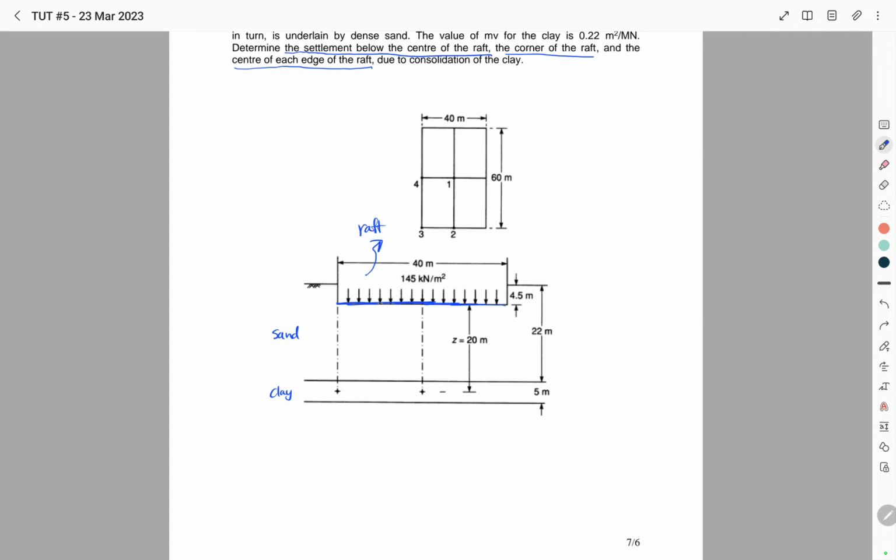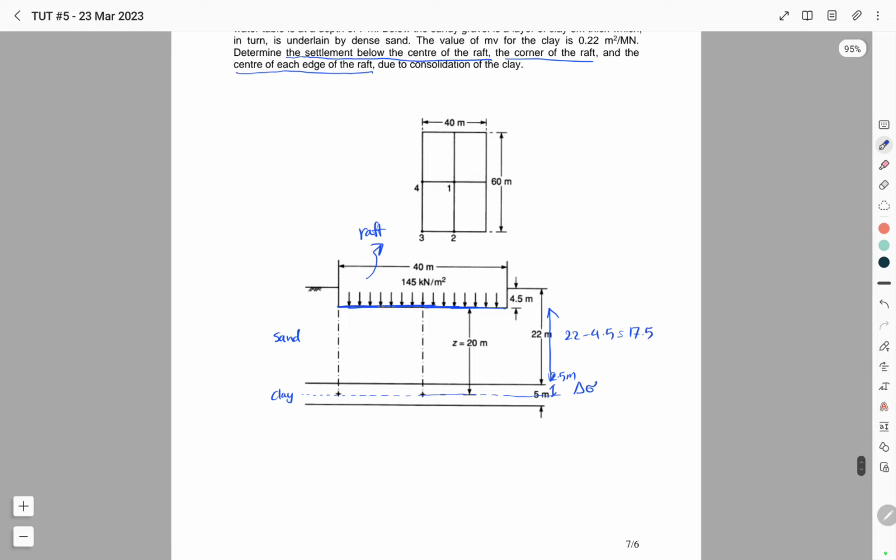In order to determine the settlement of the clay layer, we need to calculate the change in the effective stress in the middle part of the clay layer. So this is 2.5 meters, and this is 22 minus 4.5, which is equal to 17.5.